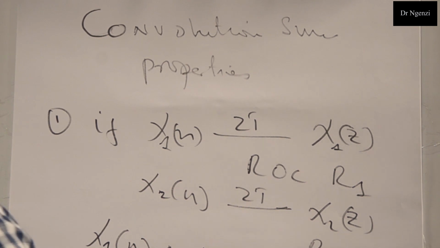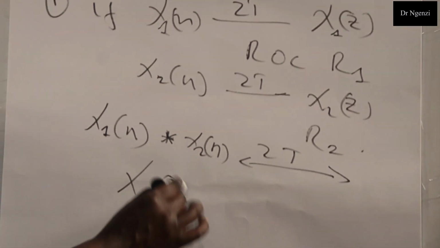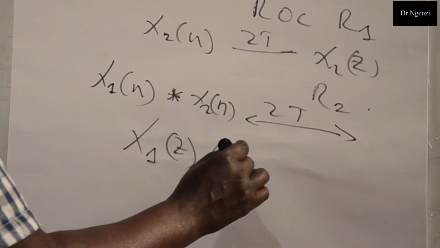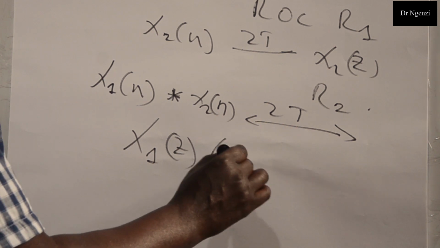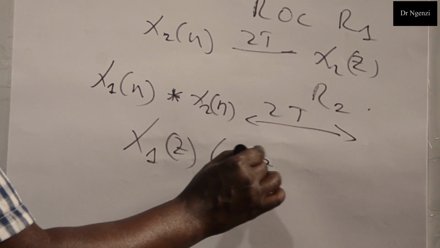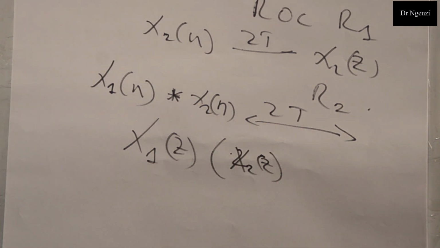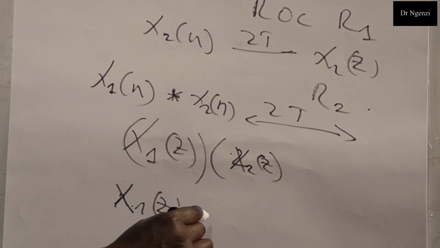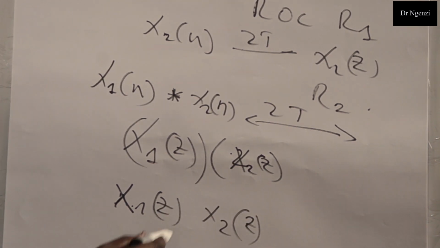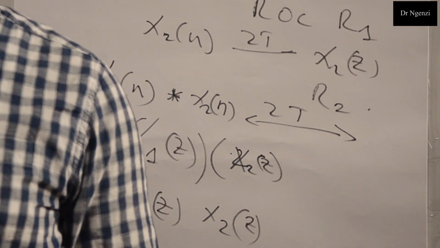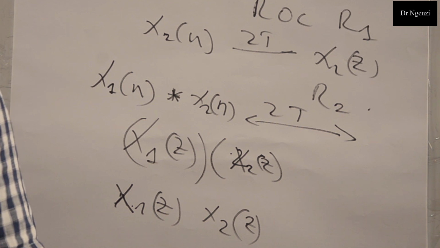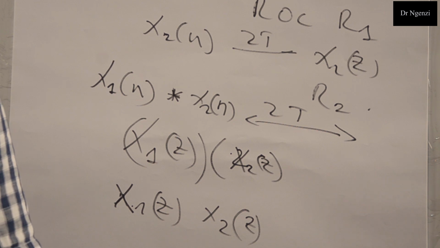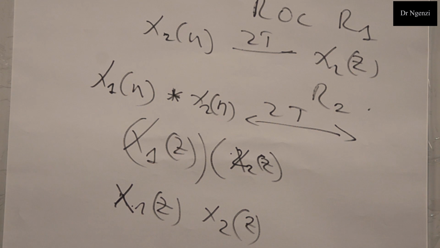Using the Z transform, it will be big X1 of Z times big X2 of Z. So in general, it's going to be big X1 of Z then big X2 of Z. If you want, you can put in some of the values that you can obtain. So that was the convolution sum.